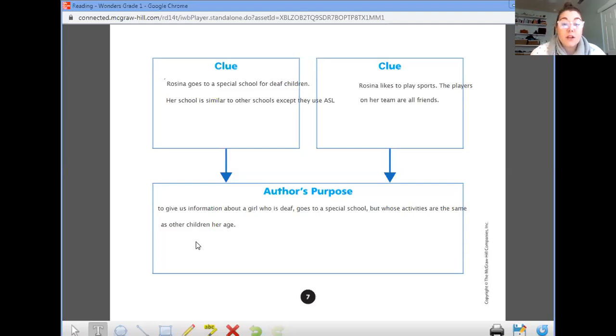Okay, so that's a lot of information. So go ahead and write that down. My suggestion is to pause the story so that you're able to finish this up. I'm going to keep going. So I'm going to go back to the story.